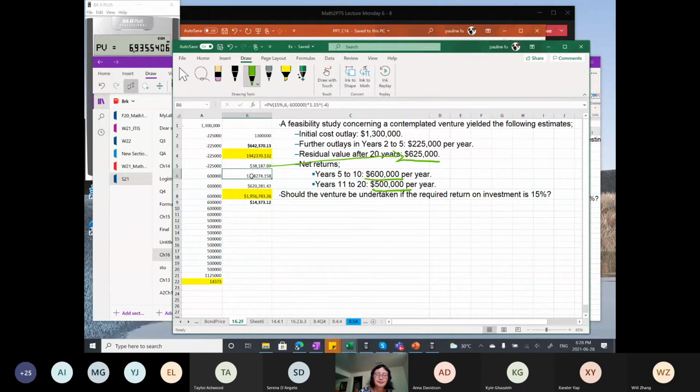So the formula is here. And this part has 2 components. One is, remember, this is year 5 to year 10, so what is the annuity here? The present value for this annuity, and then this present value discounted to today.